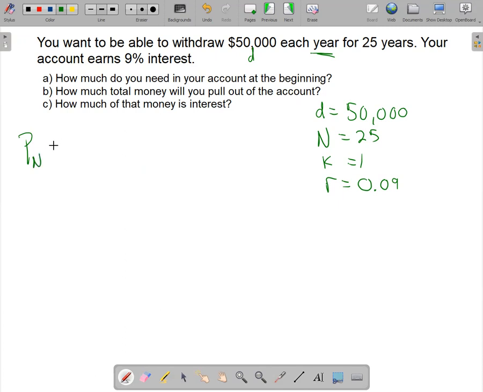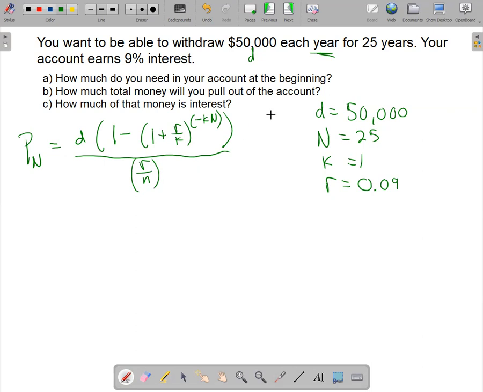The formula says PN is the D times parentheses 1 minus parentheses 1 plus R over K to the parentheses negative KN, close, divide by R over K, and some calculators need that in parentheses.